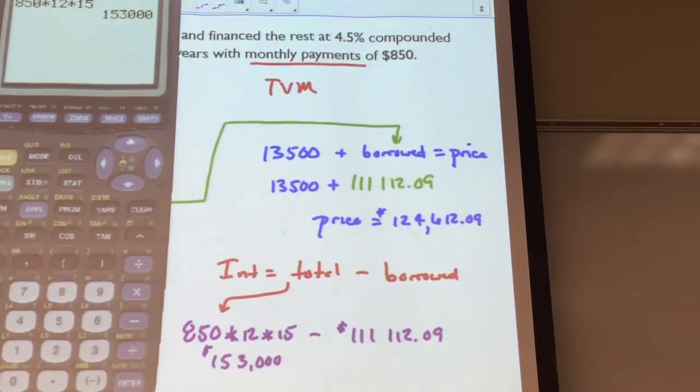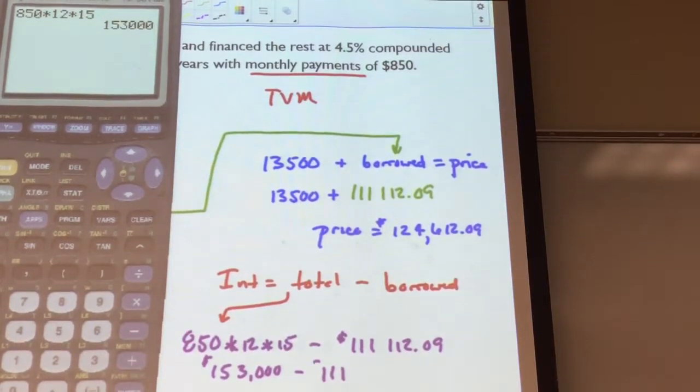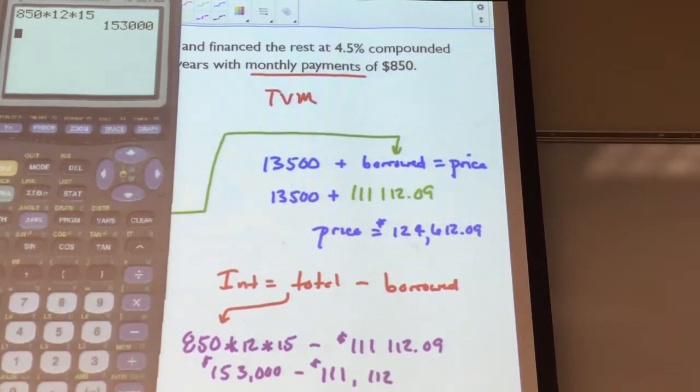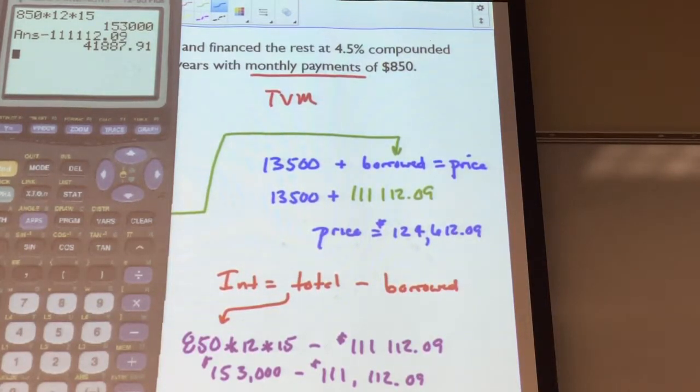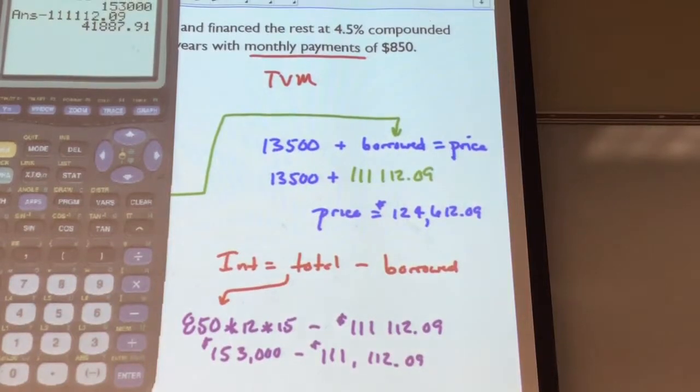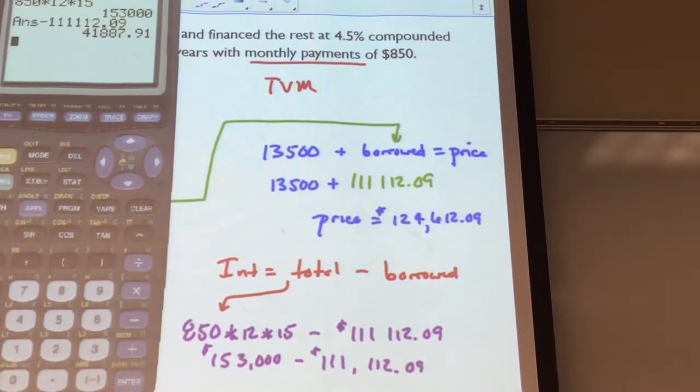But that's not interest in the problem. So now we take away our $111,112.09. Bunch of ones in there, which means that we paid out of our pocket a total amount beyond the cost of the house, $41,887.91.